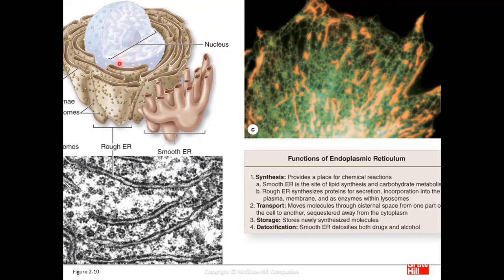They leave through the nuclear pore and go and attach to the endoplasmic reticulum, converting it into rough endoplasmic reticulum. So we see that the nucleus is always surrounded by rough endoplasmic reticulum. Then peripheral to the rough endoplasmic reticulum is the smooth endoplasmic reticulum.